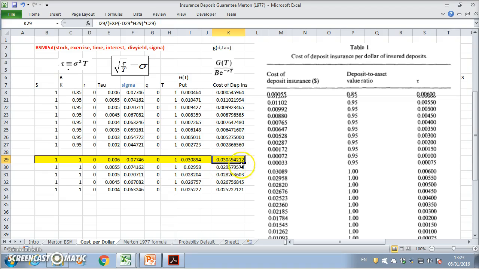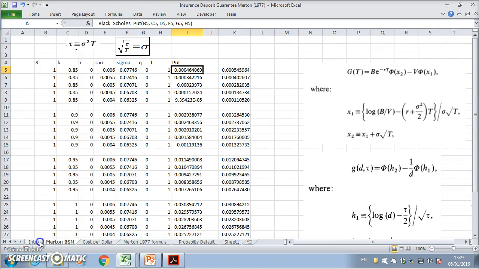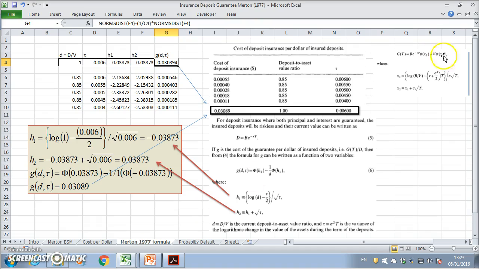So this figure corresponds with this figure here, and using this framework we recover the same figure, 0.03089.